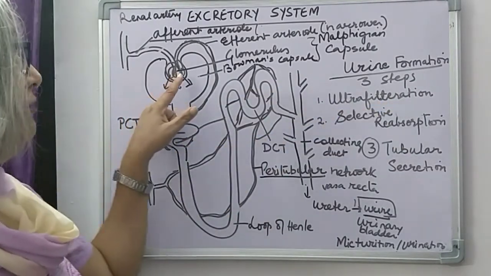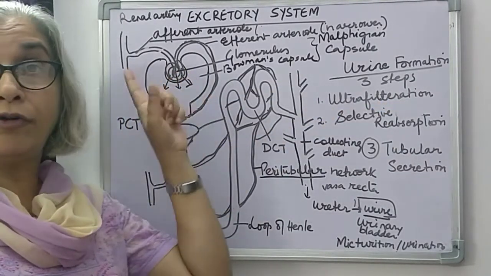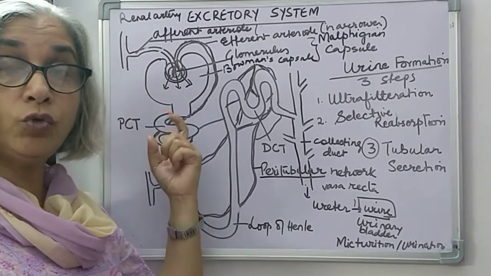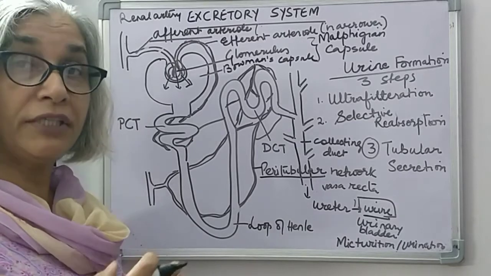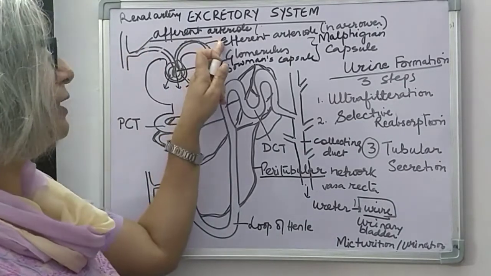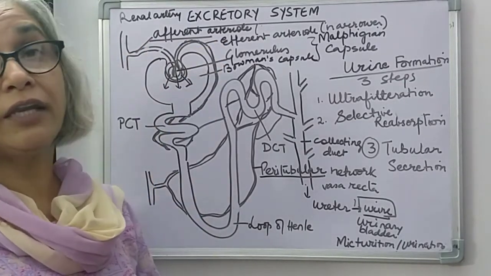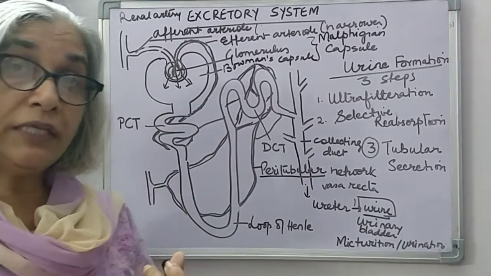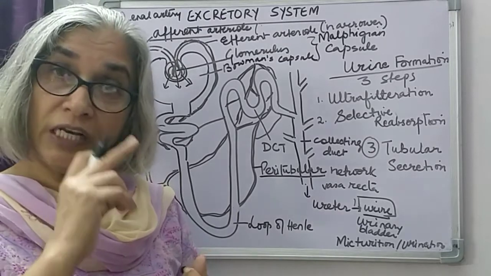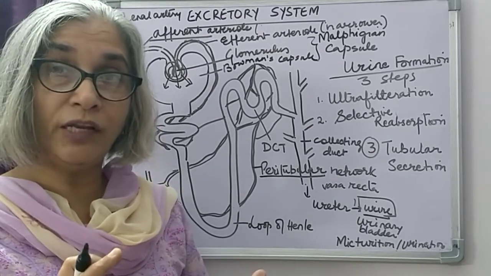So, ultrafiltration is the filtering of blood from the glomerulus into the lumen of the Bowman's capsule under high pressure due to the difference in diameters of afferent and efferent arteriole. Now you know the capillaries are formed of a single layer of cells, we call them endothelium.